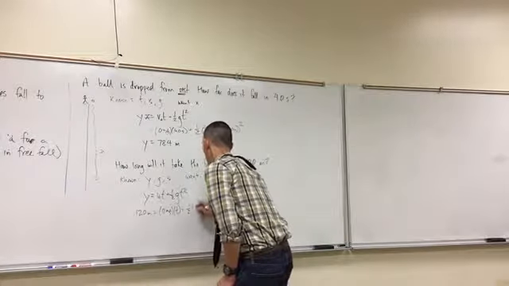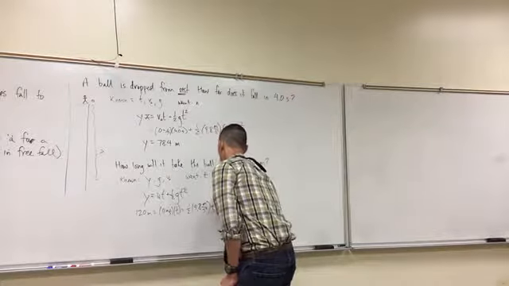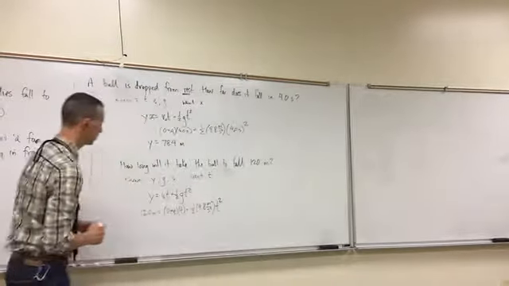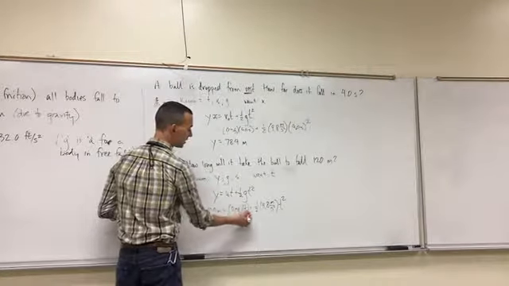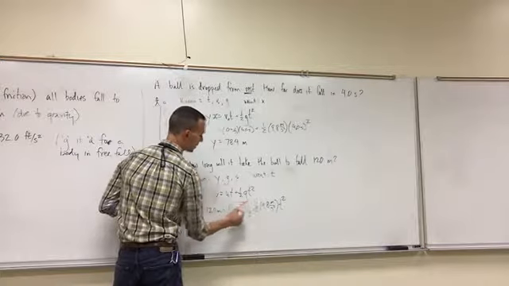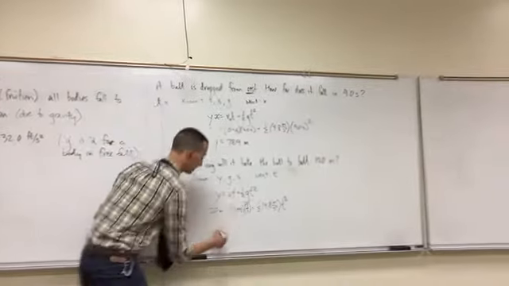So we have then 1/2 times 9.8 meters per second squared times that t squared. So I substituted in my y of 120 equals initial velocity 0 times time, which I don't know. That's all going to equal 0 though. So this simplifies a little bit, right?